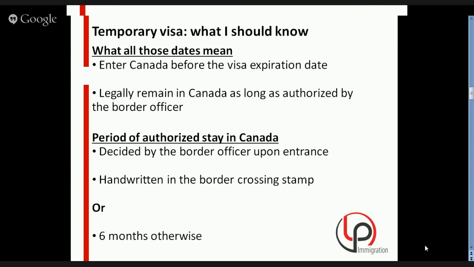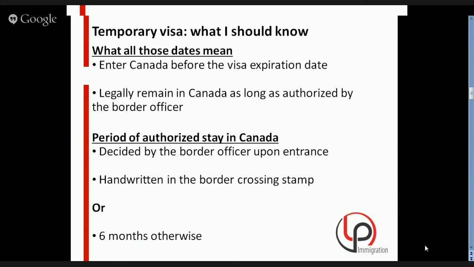However, in many cases, you will see nothing but the border crossing stamp in your passport without any writing or handwriting in there. If no date is written beside the stamp, it simply means that you're allowed to stay in Canada legally for exactly 6 months.